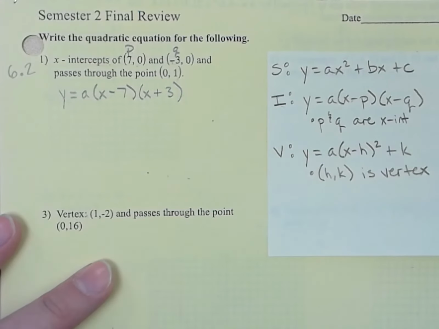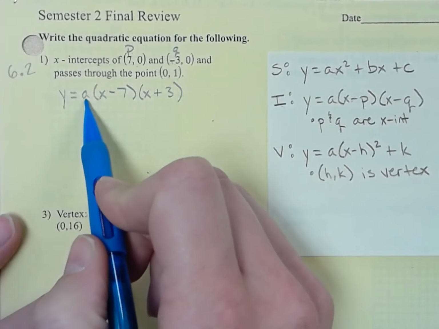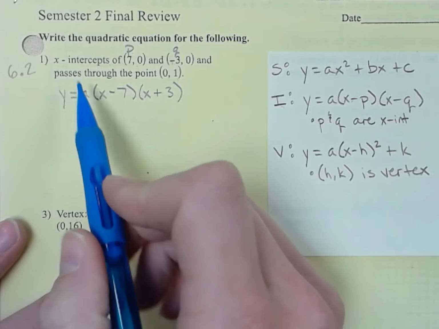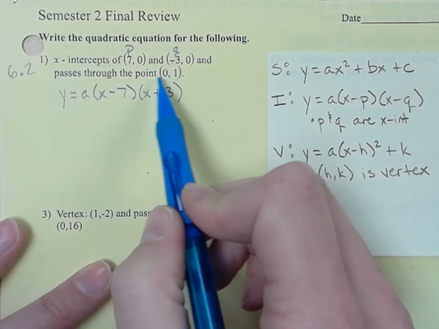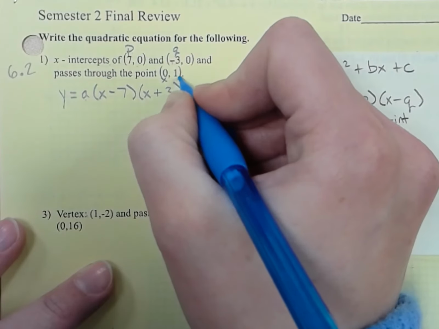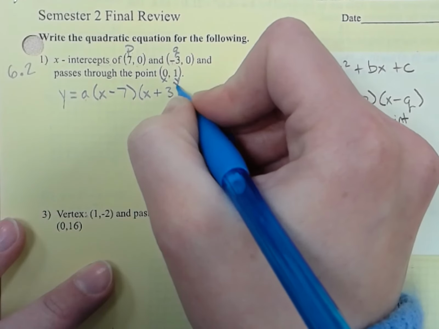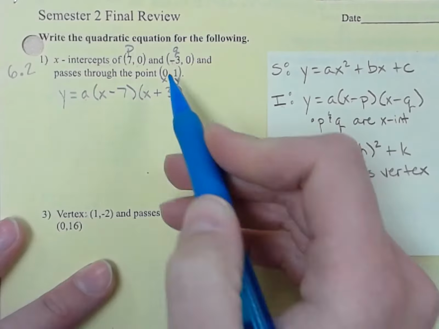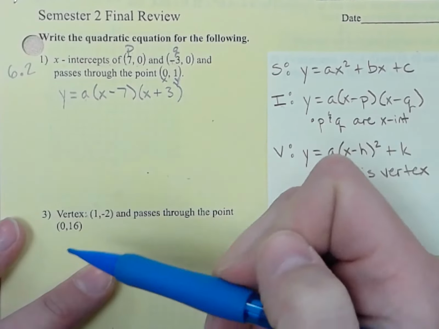All right. The problem is I need to solve for what a is. And the way I can do that is, you notice, this is where this other point comes in. This other point represents an x-coordinate and a y-coordinate. So what I can do is I can plug those into my equation.